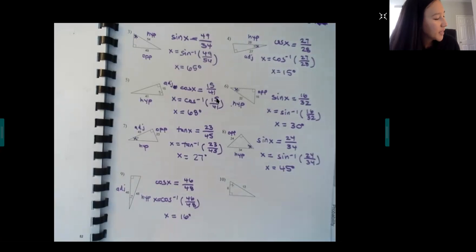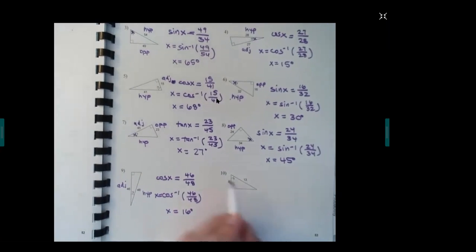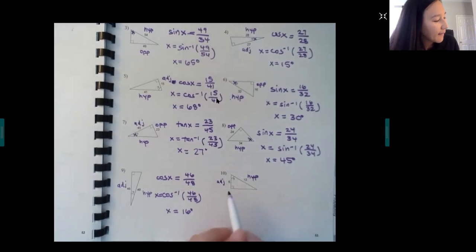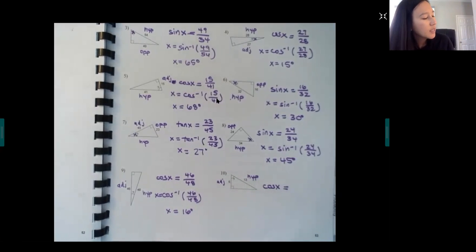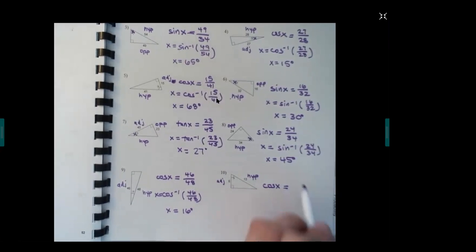Okay, and then what about number 10? 6 is the adjacent. Yep. And then 13 is the hypotenuse. Very good. So was it sine, cosine, or tangent? Cosine. And so it equals? 6 over 13. Excellent.